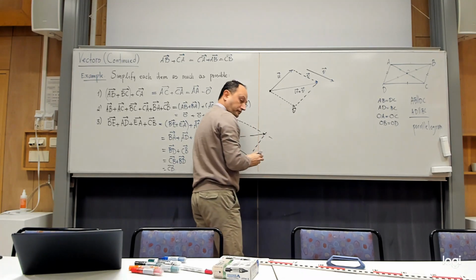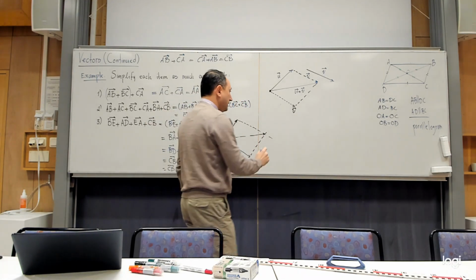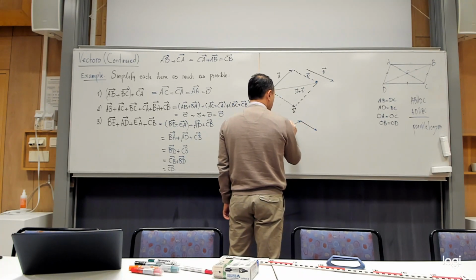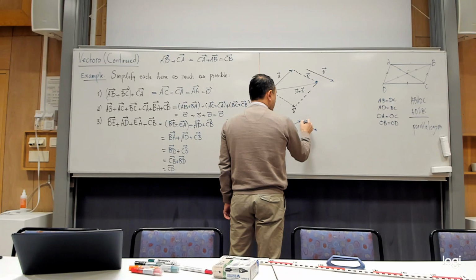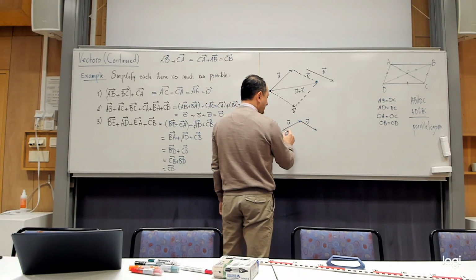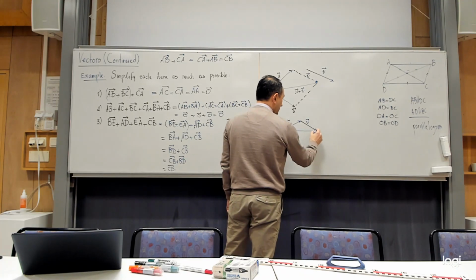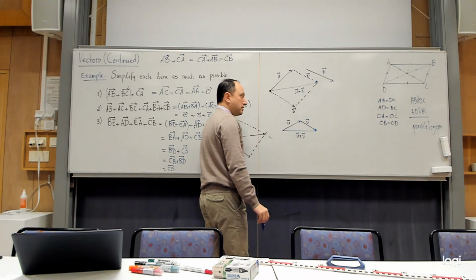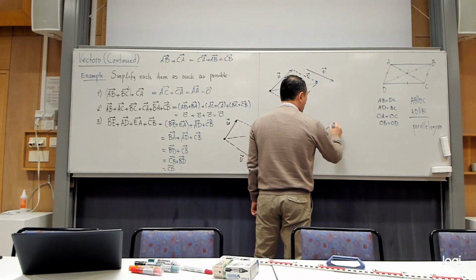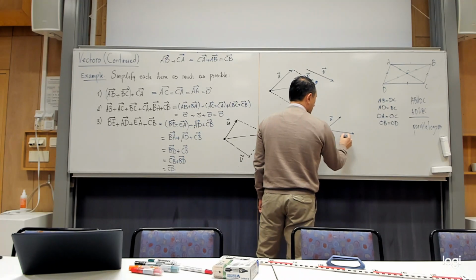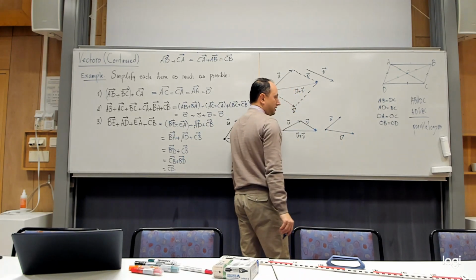So if I give you two vectors, which method is suitable to add them? If they are drawn in this way already, I would prefer to use the triangle method. If they are already drawn in this way, it is better to use the parallelogram method.